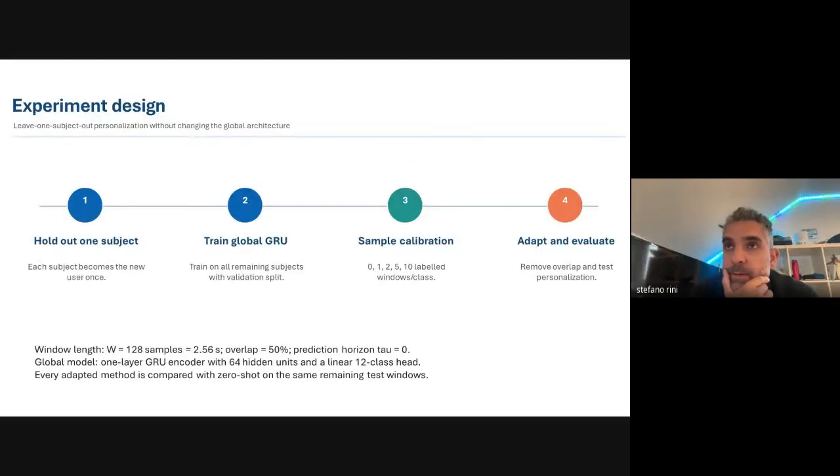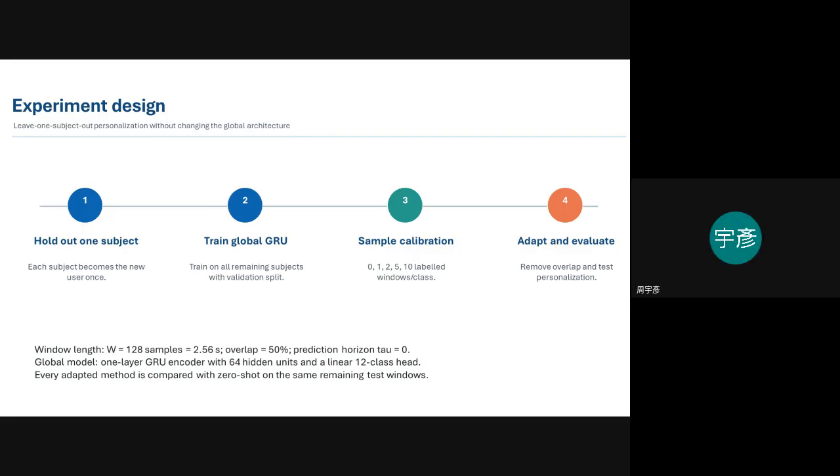So my question is this: how do you average the performance there? You repeat the training for multiple holdout subjects then? Is that how you do it? Let me tell you this.